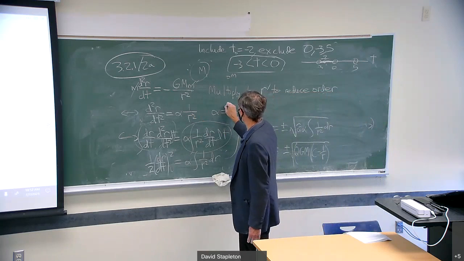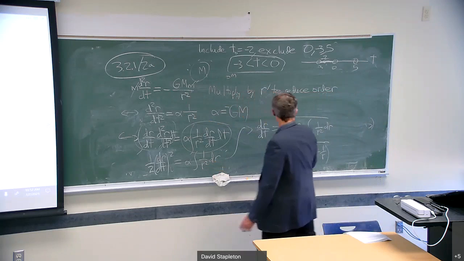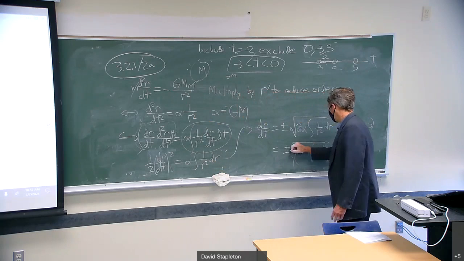This should be alpha equals minus GM, and so this is minus 2 GM.